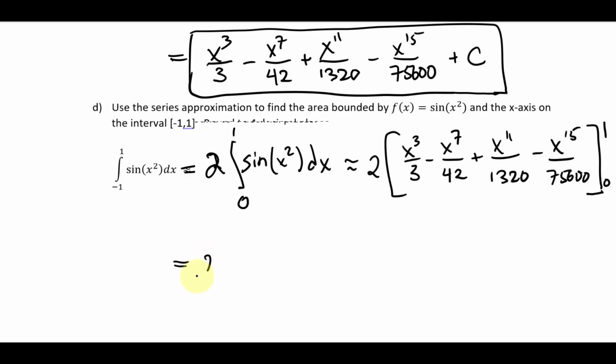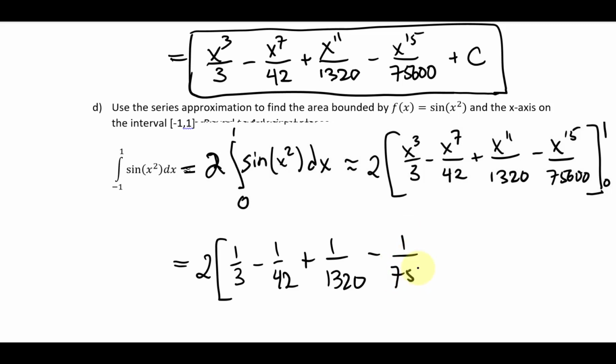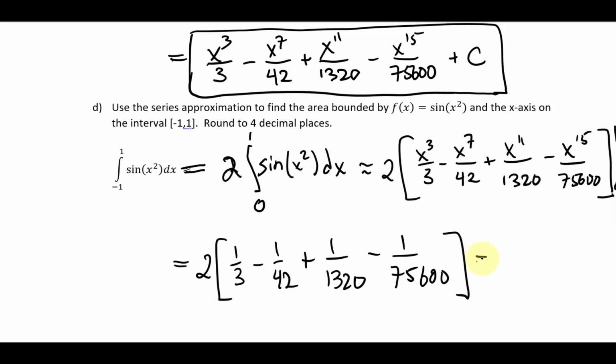So this is equal to 2 times, plugging 1 into all these values, 1/3 minus 1 over 42, 1 over 1320, minus 1 over 75,600. And then, of course, minus 0. So let's see what that is. That's 0.6205.